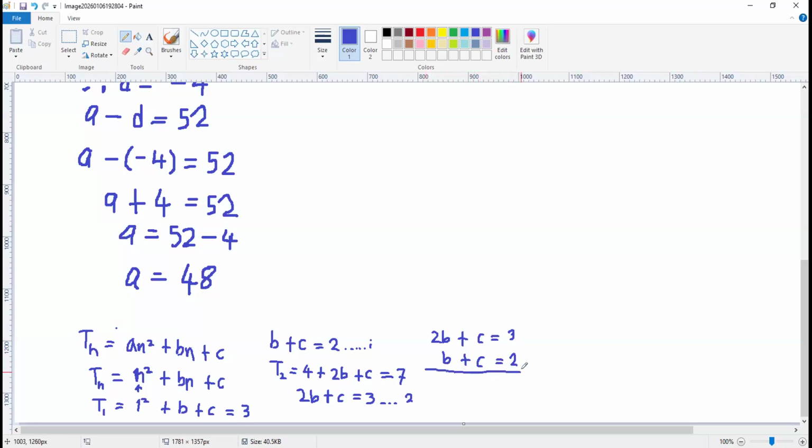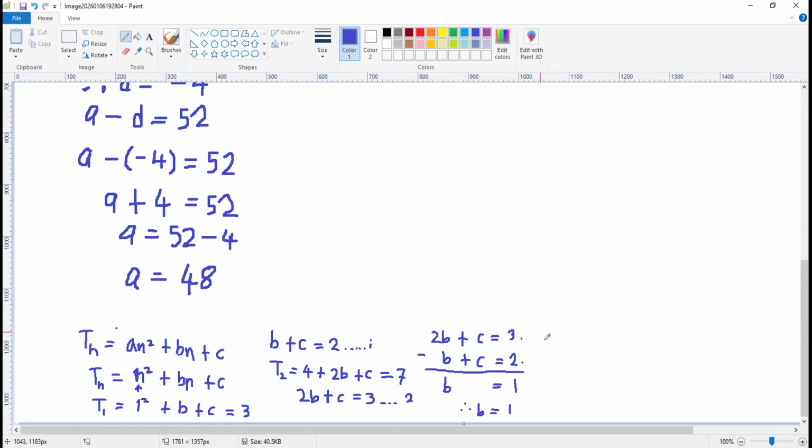So now, of course, there are different ways we can do this, but let's try and eliminate c. So if we're eliminating c, we'll have that 2b minus b is what? B, right? Yes. And then c minus c is 0, so that eliminates c. And 3 minus 2 is 1. So that means therefore b is 1. So we have concluded what b is, but now let us go and find c. If b is 1, then we can substitute in either this one or this one to get c.